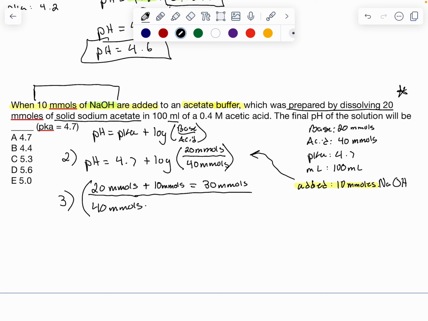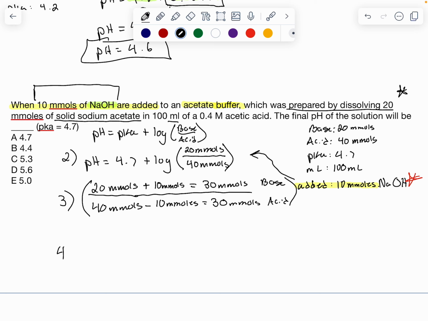So instead of adding 10 millimoles down here, we're going to subtract 10 millimoles, which is going to give us an overall value of 30 millimoles for our acid and a new value of 30 millimoles for our base. So we figured out, okay, we had our original buffer, we added 10 millimoles of a base to that, so now we have a new concentration of base and acid in this solution. So let's see how much of an influence it has on this overall system.